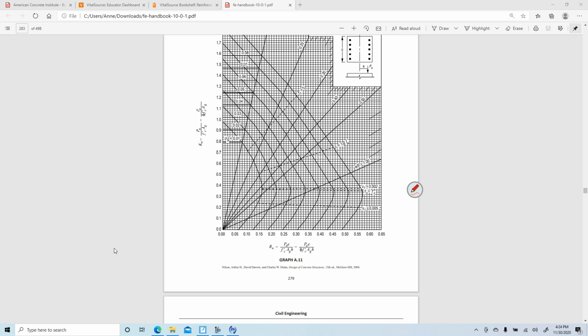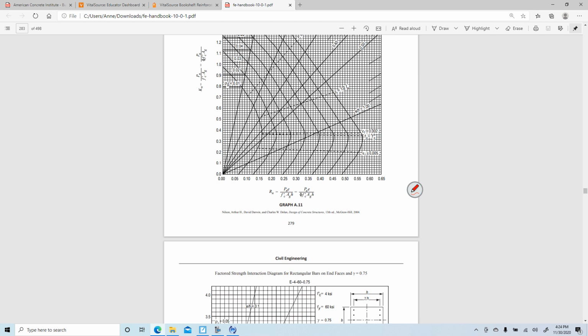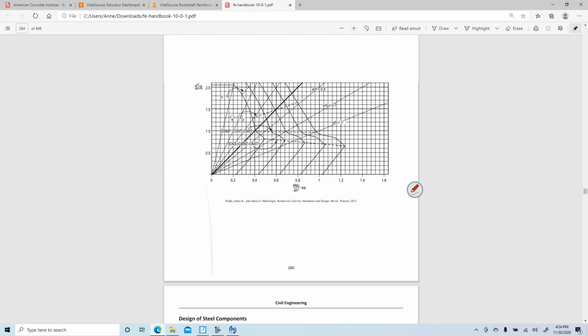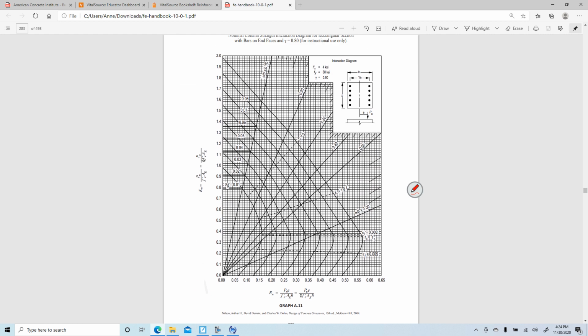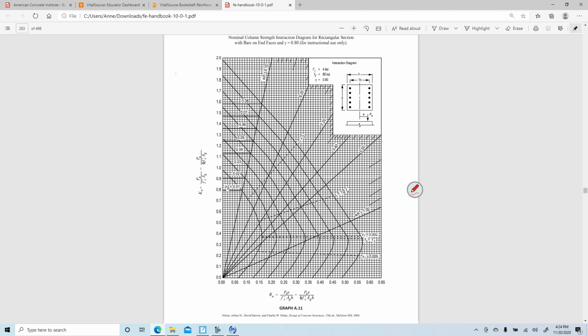This one is from a different textbook, that's why. So just keep in mind what it's looking for, right? This one has the eccentricity in it. Well, because MU equals PU times e. So that's why. Those are the two different kinds in the FE reference manual.